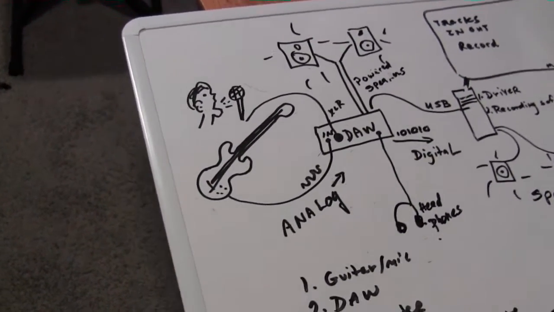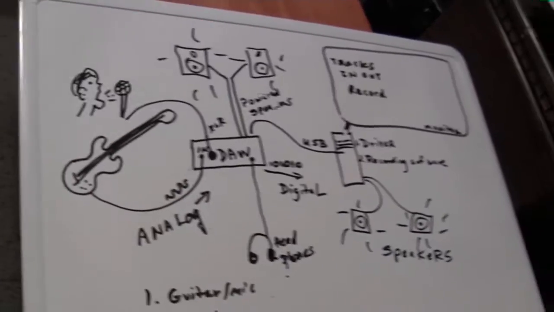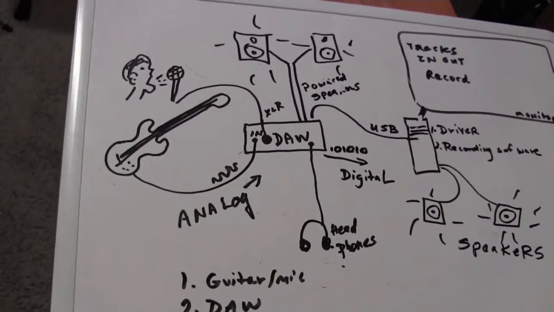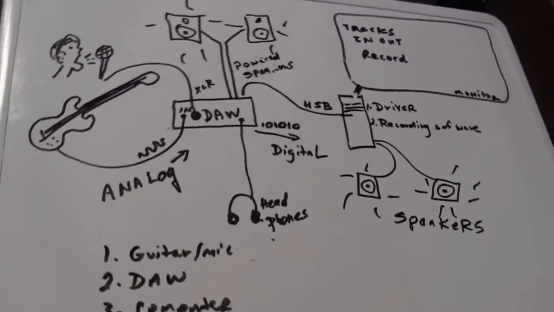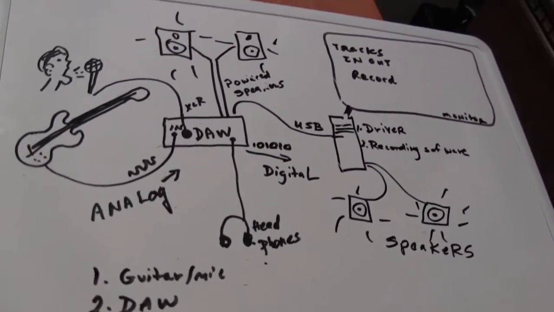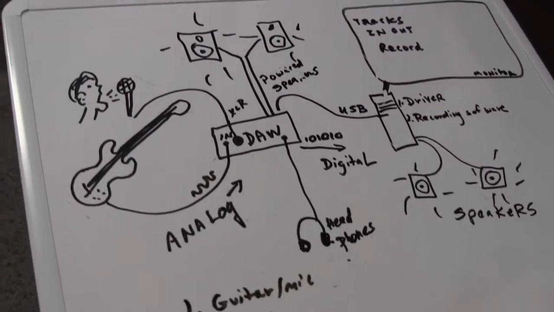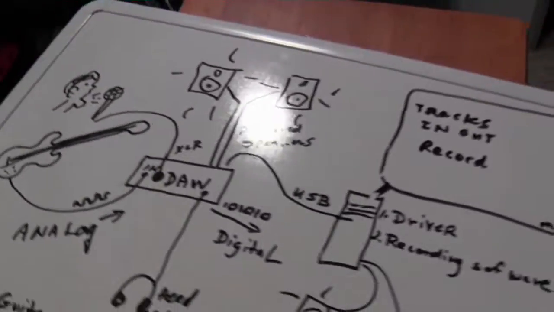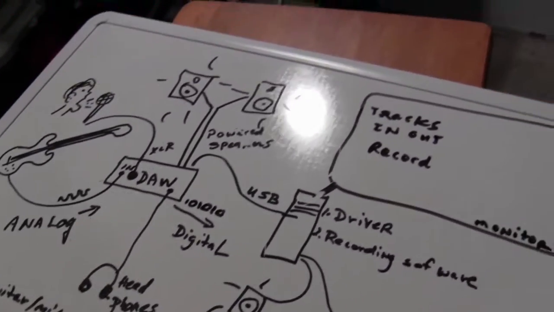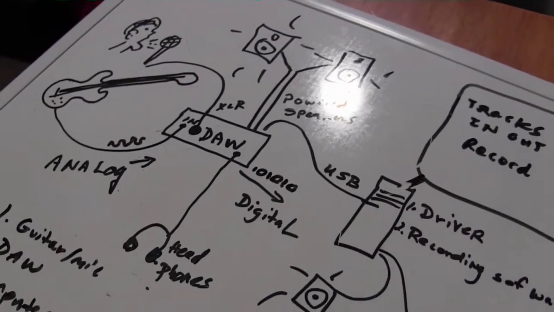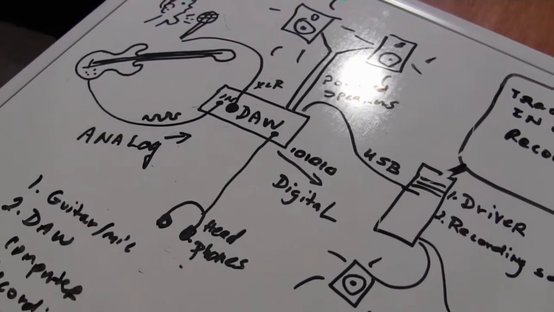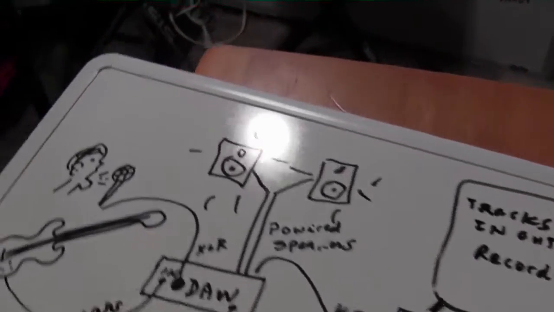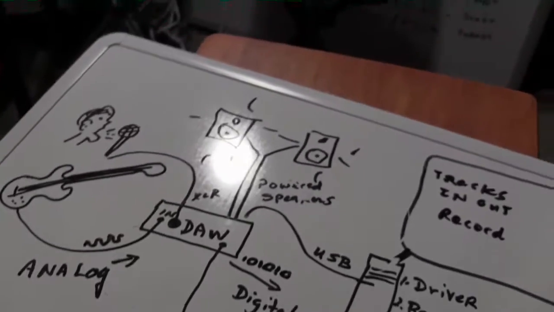So there's more than one way that you can get your information into your computer. But I thought I'd make this diagram so you can kind of see what you have to start with for recording. I know there's a glare there, and I apologize for that.